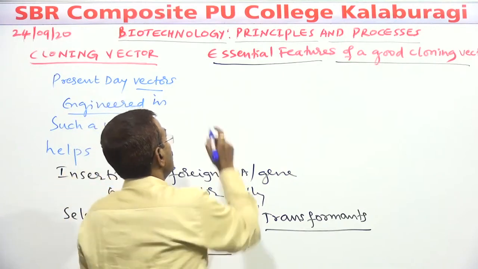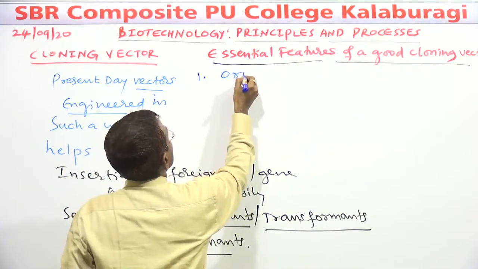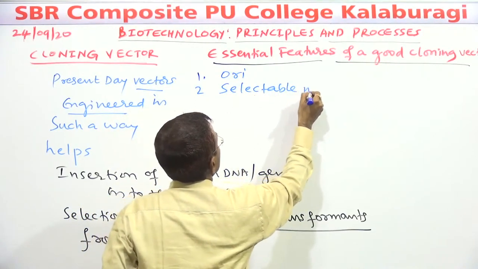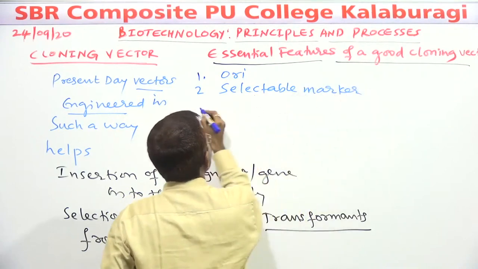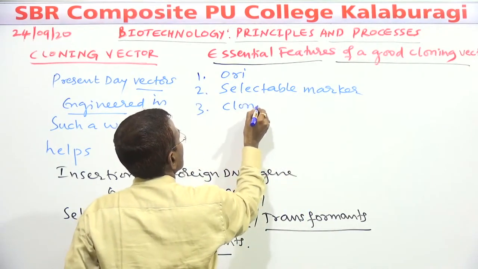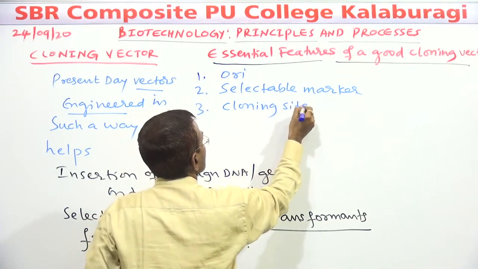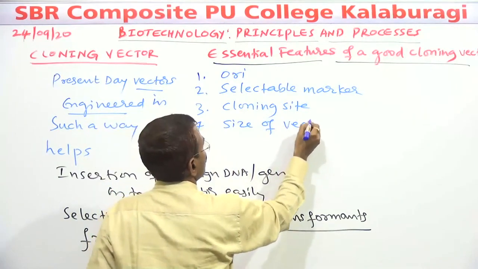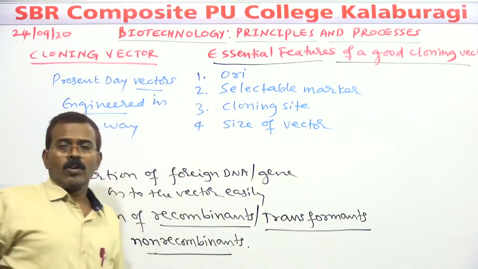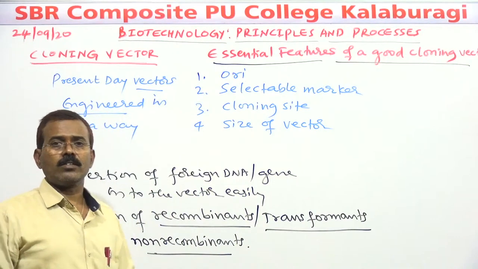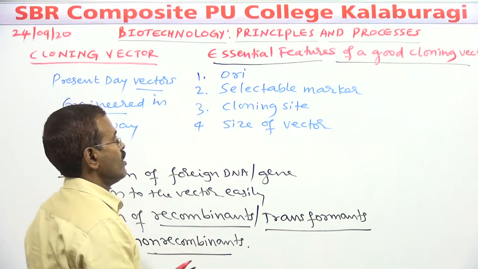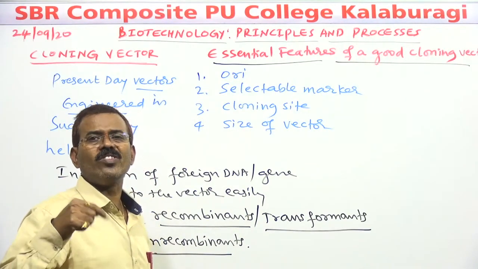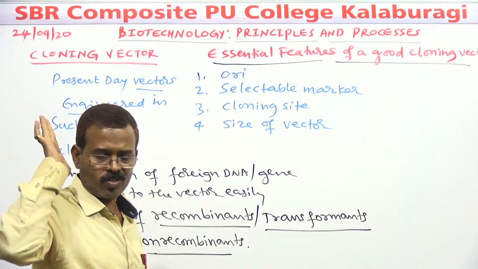So I mentioned ORI, selectable marker, cloning site, and size of vector. These are the features of a good cloning vector for efficient cloning of a gene using a vector in the host cell.